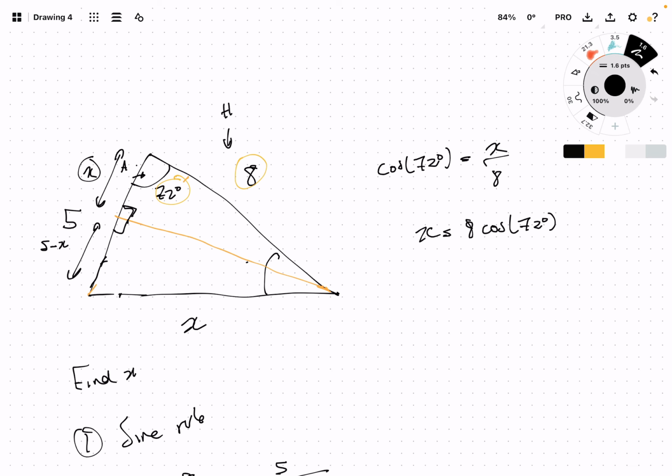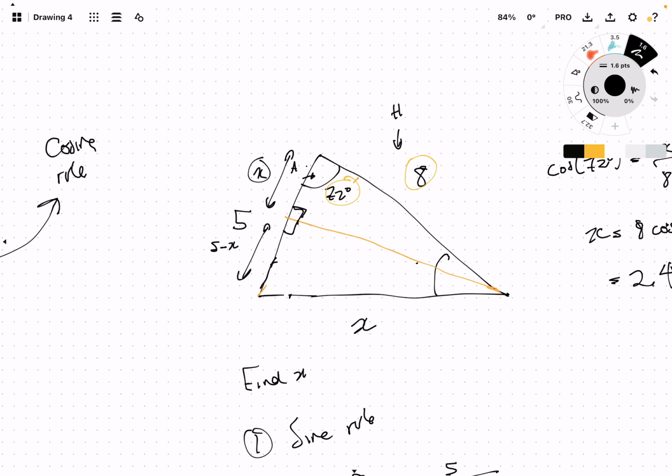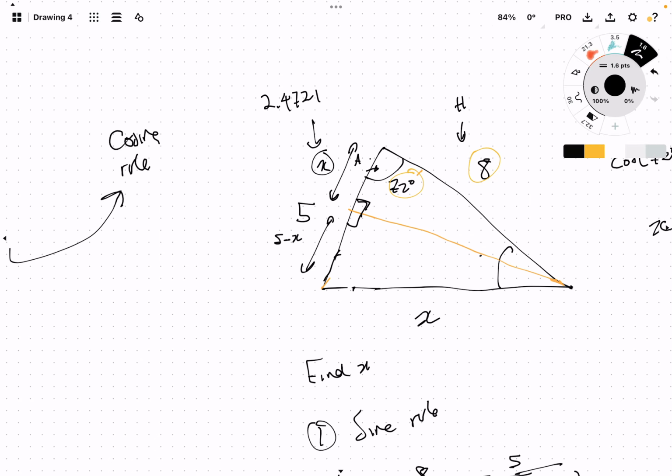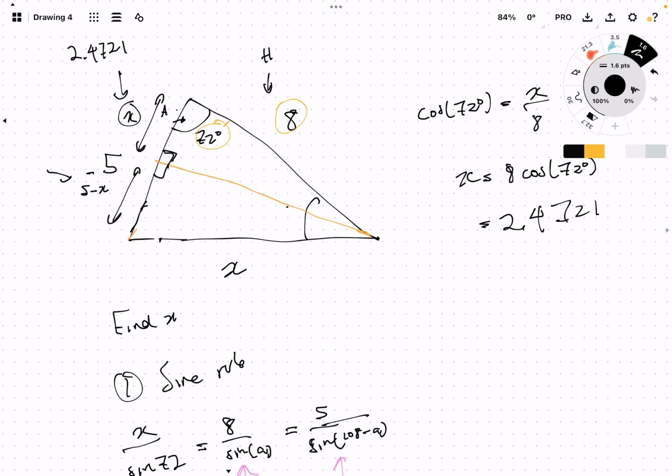Let me quickly solve this. This is equal to 2.4721. Then we can get this is 5 minus 2.4721.